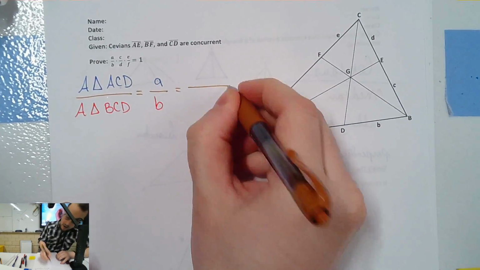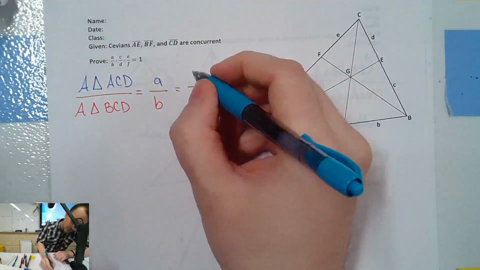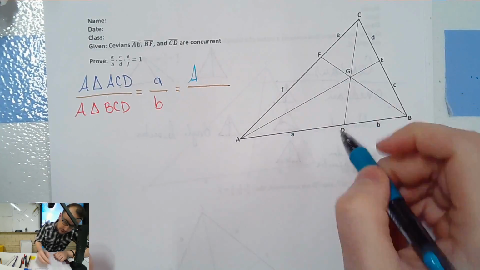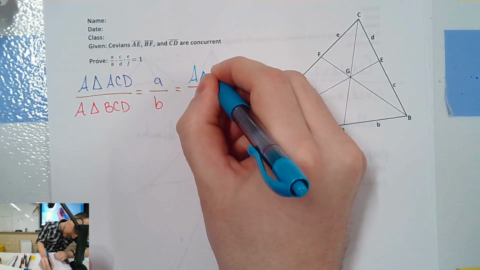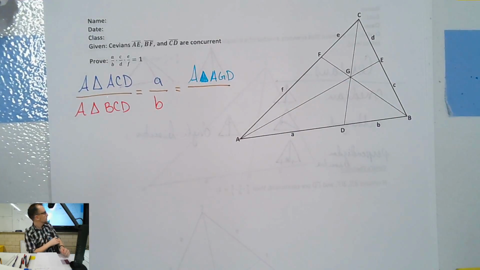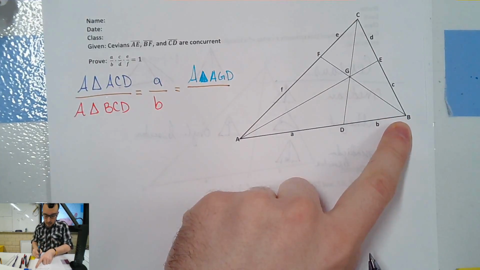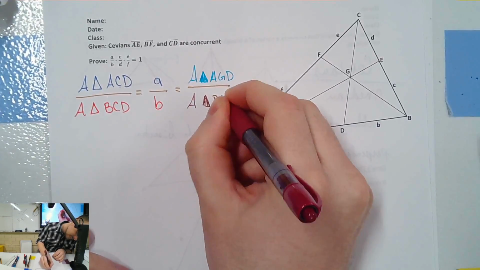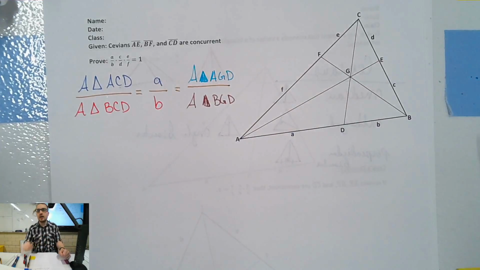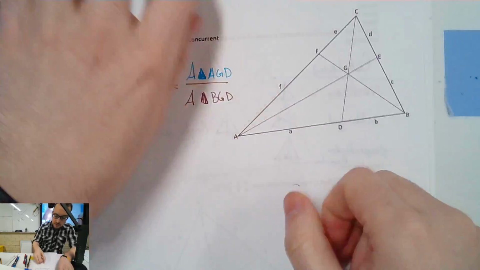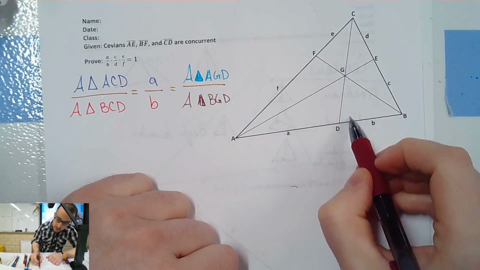So the area of, let's use light blue, triangle AGD, and triangle BGD should be proportional. Because their heights are the same, right? So check it out. These two triangles right here, the height of this triangle is the same as the height of that triangle.